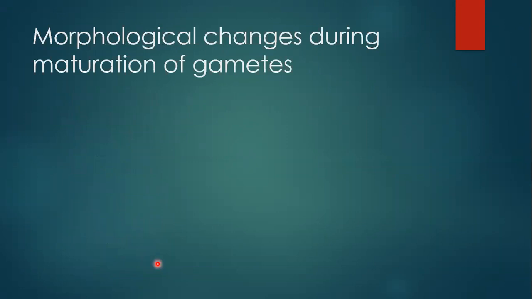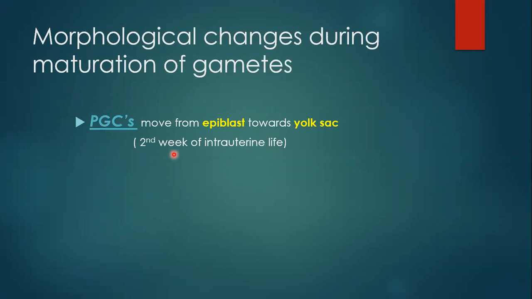Now, the morphological changes that occur during the maturation of the gametes. First of all, the primordial germ cells move from the epiblast towards the yolk sac, right? Initially, when the embryo is two-layered, the first layer, the above one, is known as the epiblast, and the second layer, which is below the epiblast, is known as the hypoblast.